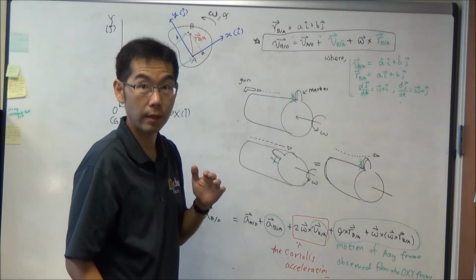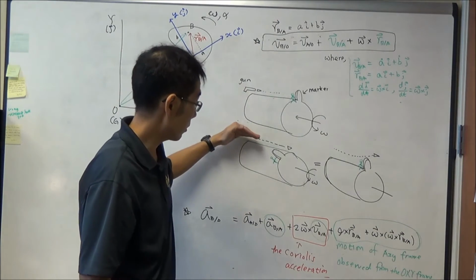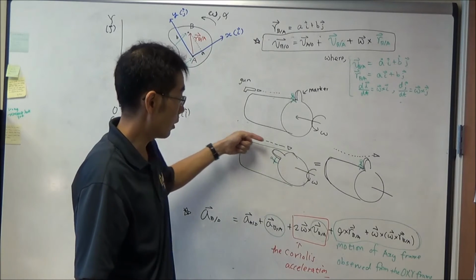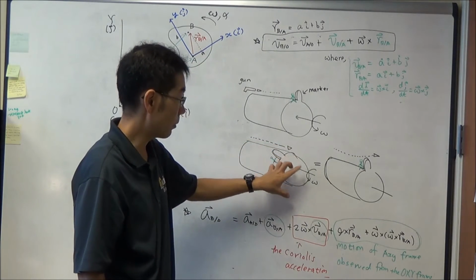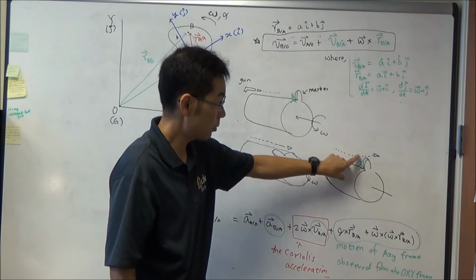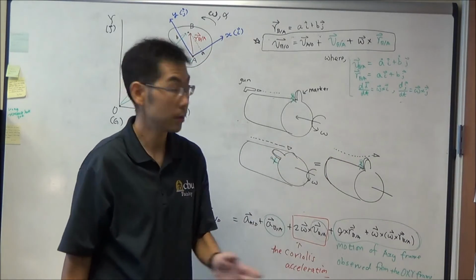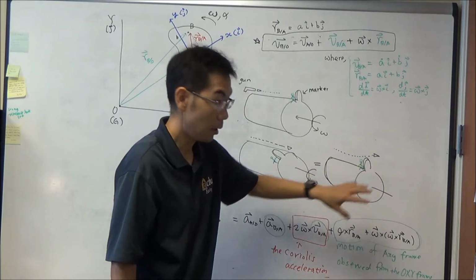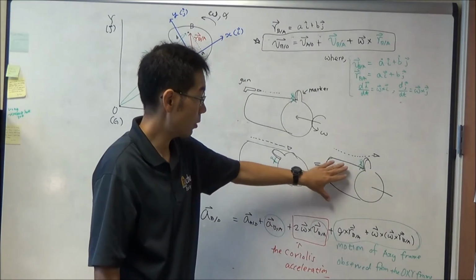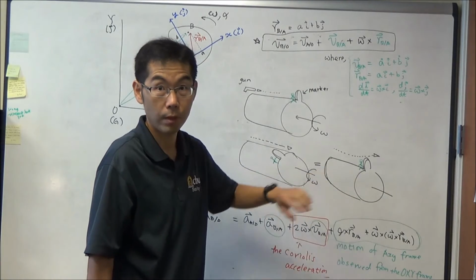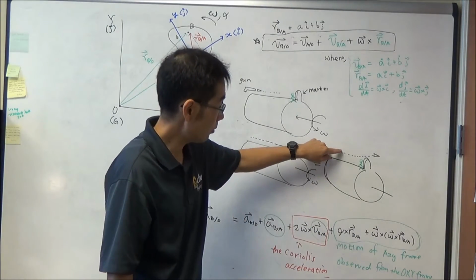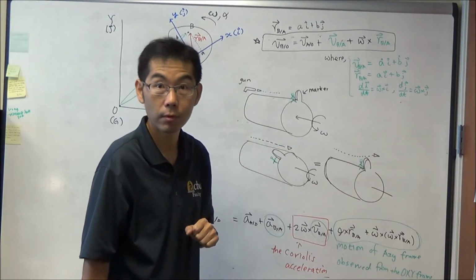Because actually the bullet has not been deviated, because the bullet just moved with a linear straight-line motion, but your cylinder is rotated. If you observe the bullet from your position, because the cylinder on which you're standing is rotated, that's why the bullet looks deviated from you.